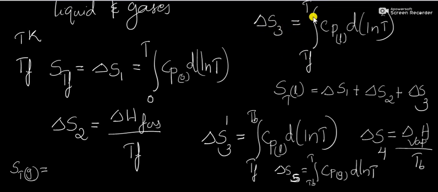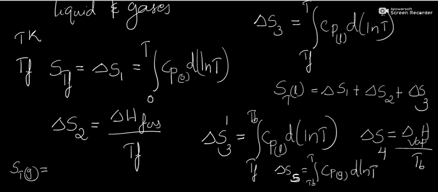That is delta S3 equal to integral TF to T Cp of liquid into d ln T. From its Cp values determined in this range, the entropy change in this process can be calculated. So the absolute entropy of the liquid at T Kelvin will be equal to St of L equal to delta S1 plus delta S2 plus delta S3.